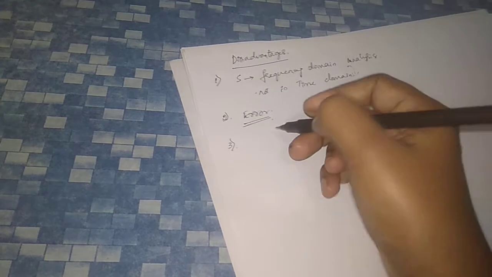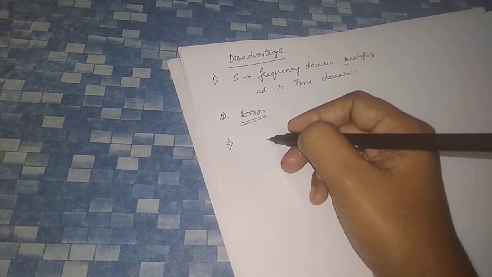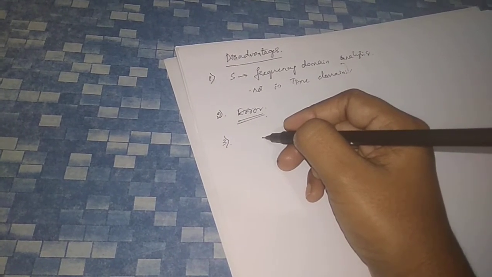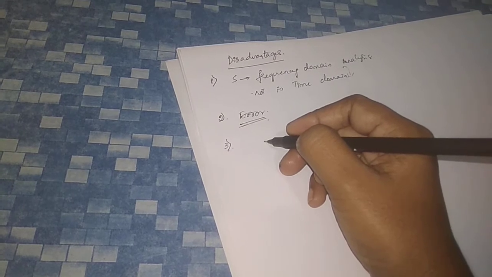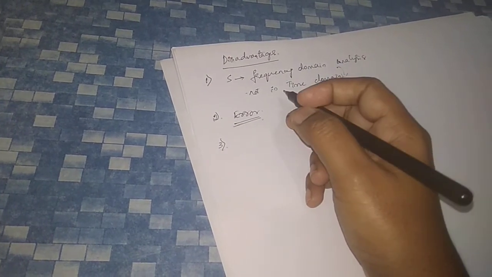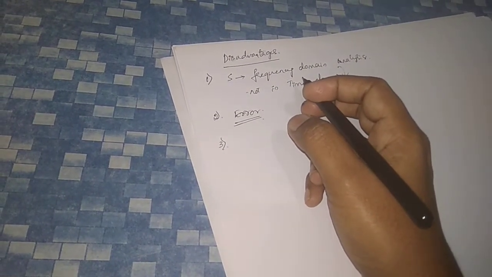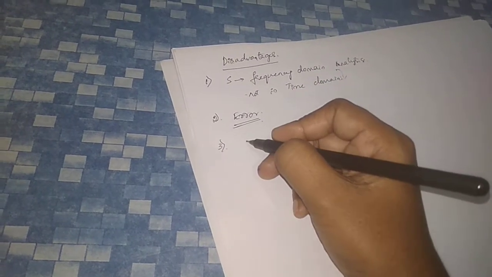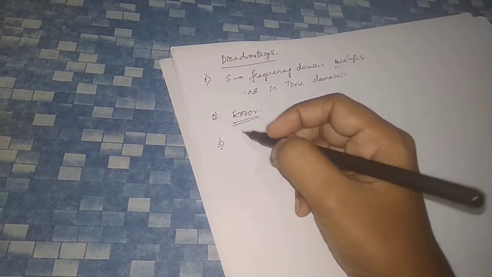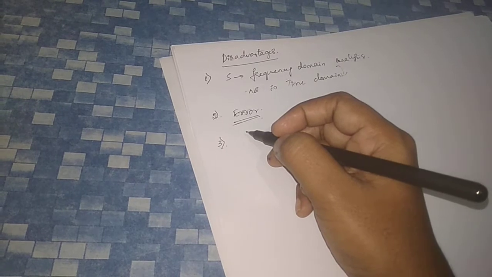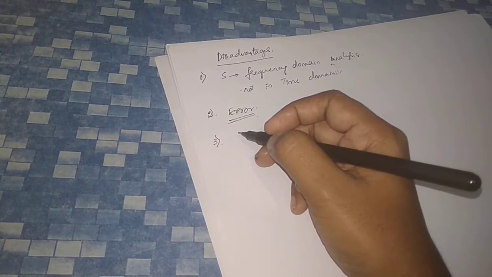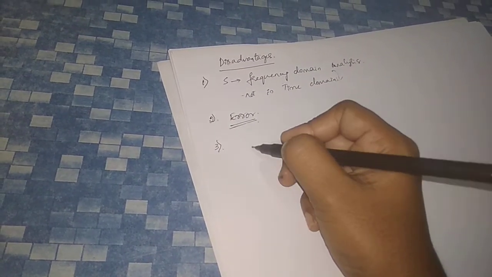The third one is it is not possible to describe the microwave network in terms of both the current and the voltage.